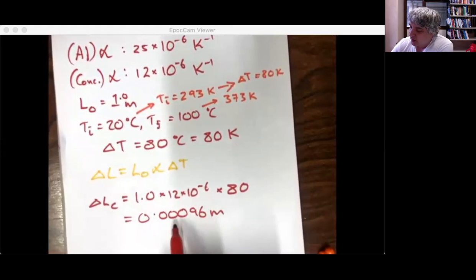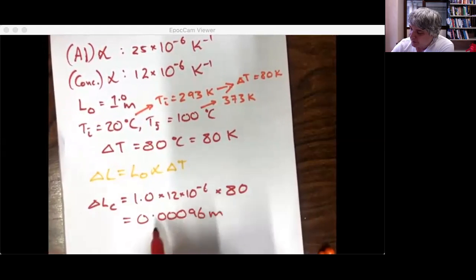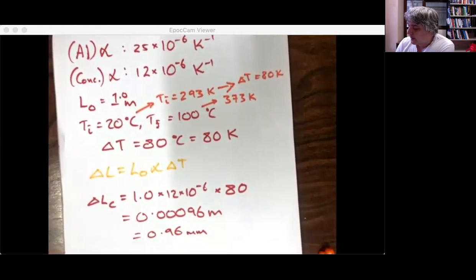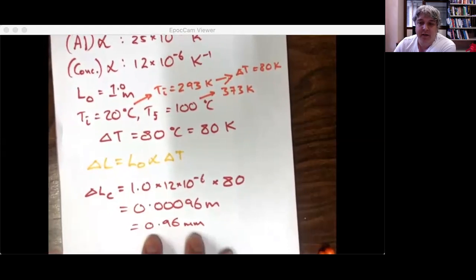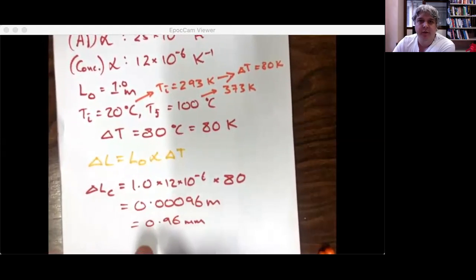So it's 0.00096 meters, which is, if you want to convert to millimeters, 0.96 millimeters. So heating up a block of concrete from 20 degrees Celsius up to 100 degrees Celsius, a change of 80 degrees Celsius, it only gets about a millimeter longer.